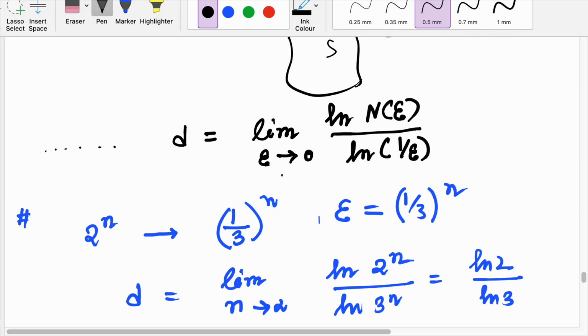And since we are lucky enough that we know what the minimum cover is, it becomes very easy to calculate the box dimension of the Cantor set.